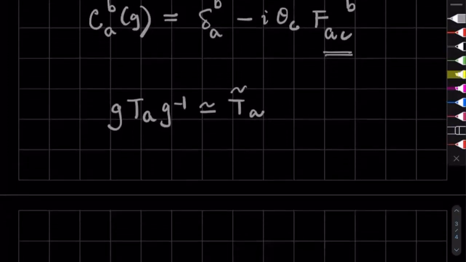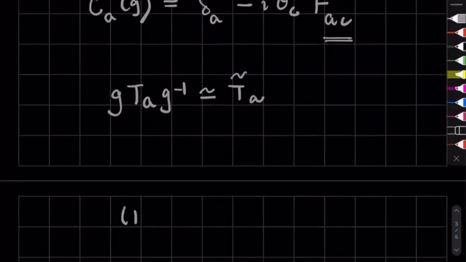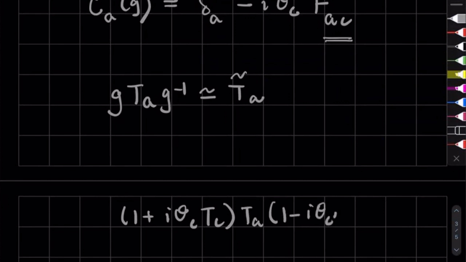On the left-hand side, we have 1 plus i theta_C T_C, T_A, and 1 minus i theta_C' T_C'. I'm just expanding this.